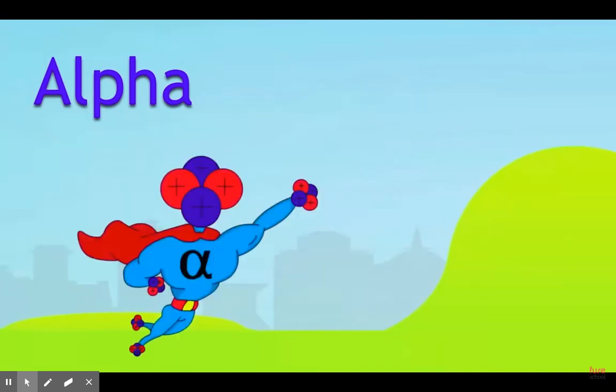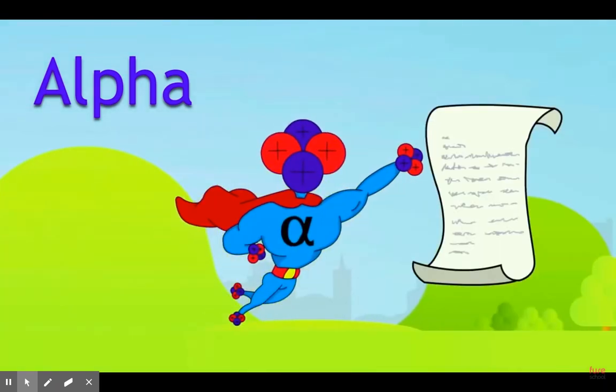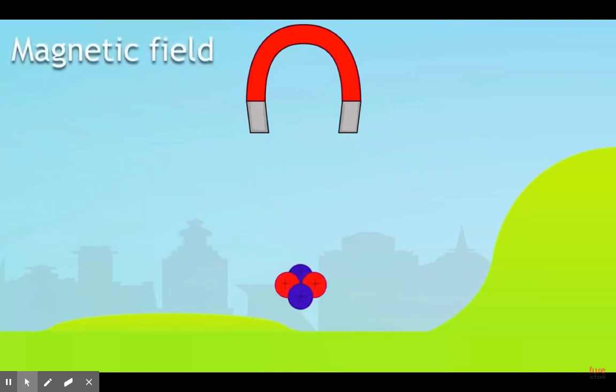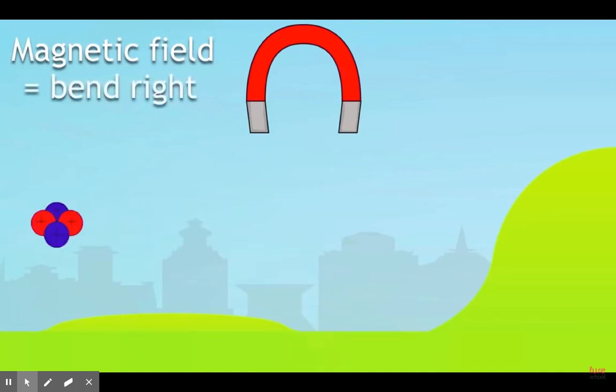Even a piece of paper, if you put a piece of paper in front of alpha radiation, it can't go any further. It's also strongly affected by a magnetic field. So here we've got a whole beam of alpha particles, and these alpha particles are going through a magnetic field. And when they go through the magnetic field, they bend quite a lot. This tells us two things.